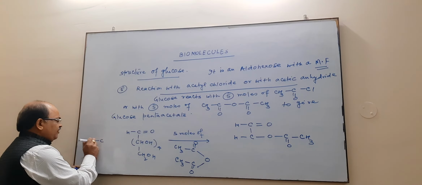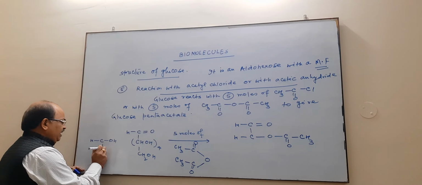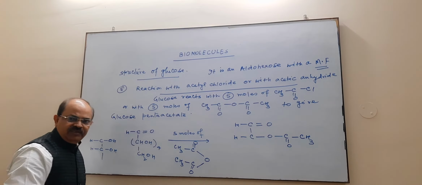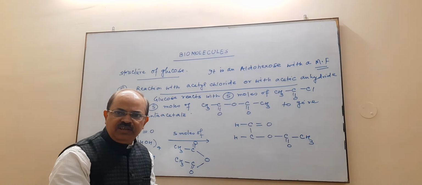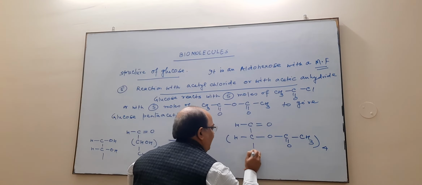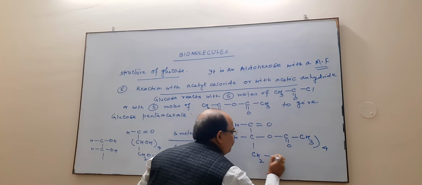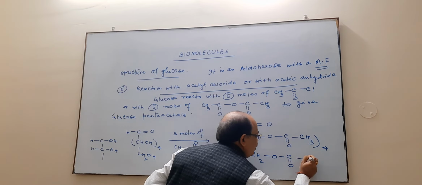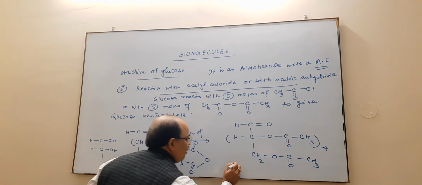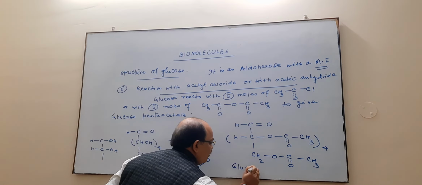So if you break like this, then this will be again 4 times, and this is your CH2OCOCH3.